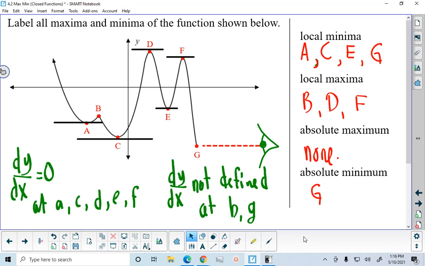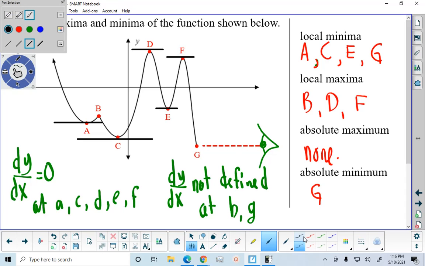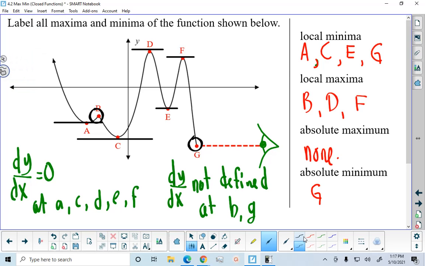That's one question that I think is important to ponder. And better yet, why is the derivative not defined at b or at g? What is it about those 2 points that says the derivative can't exist? And this is a difficult question.